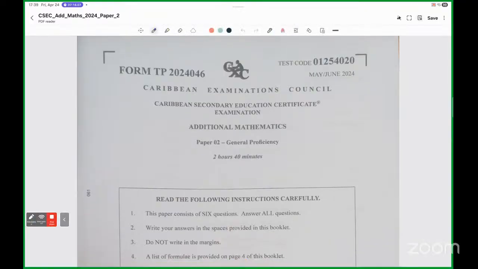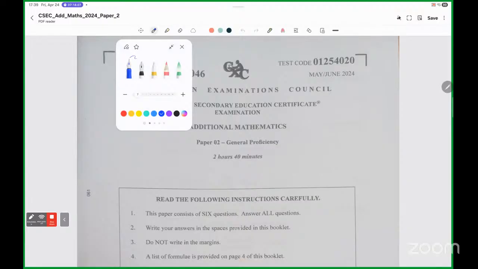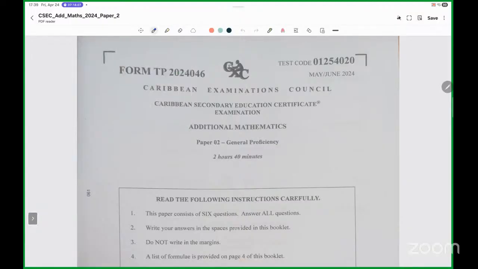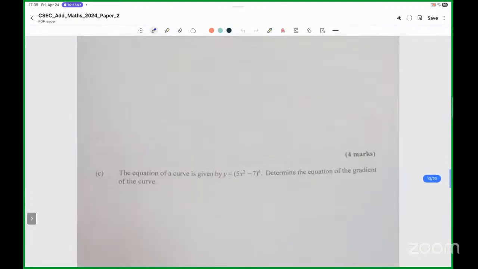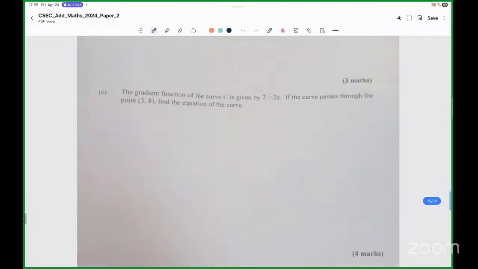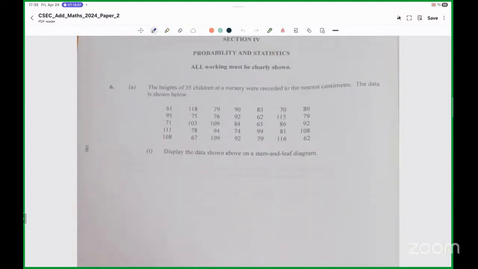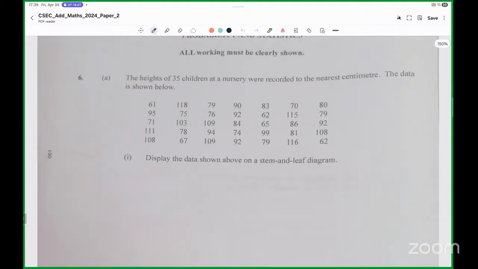I'm going to go straight down to the statistics question, which is the last question on the paper. The good thing about statistics at this level is that what you learn in statistics at CSET, well, not everything, they don't test on everything, but your knowledge from CSET is also valid up here in ADMATS.